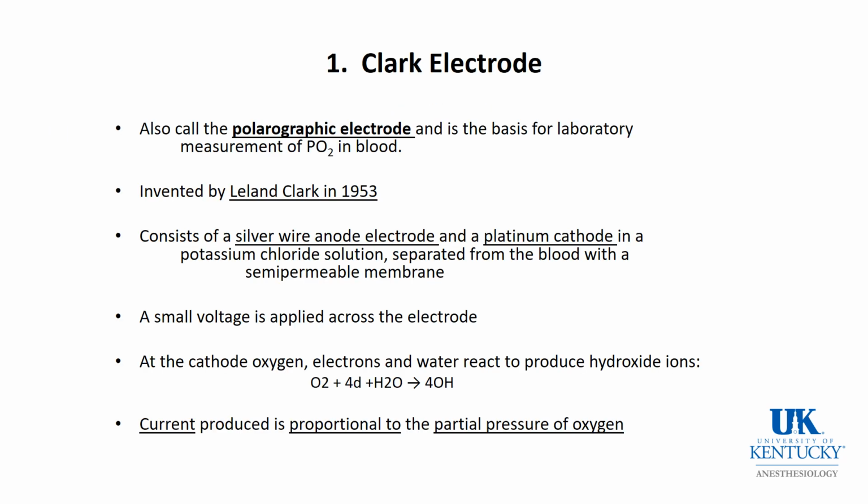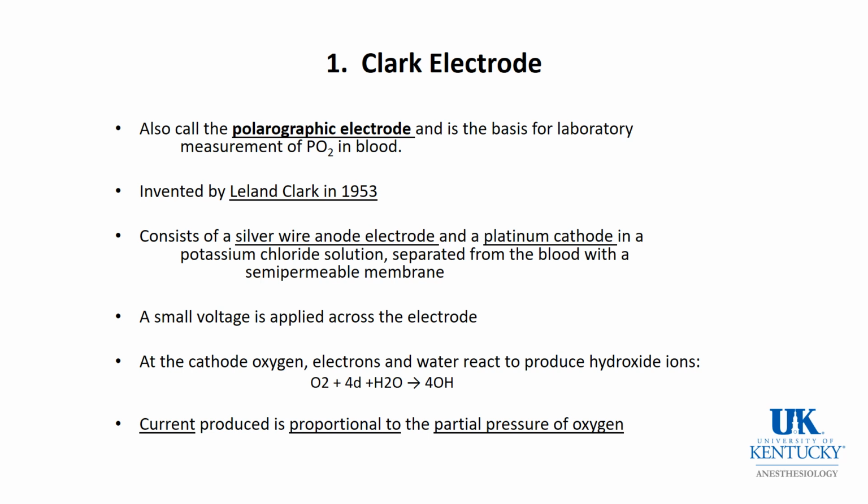So the first topic was the Clark electrode. This was invented by Leland Clark, professor in Cincinnati in 1953, and it is used to measure oxygen, excuse me. It is called a polarographic electrode.